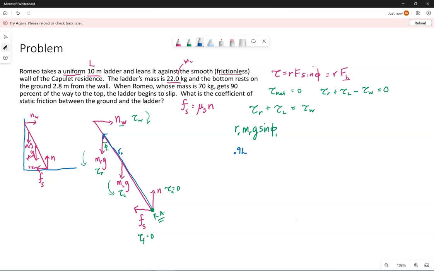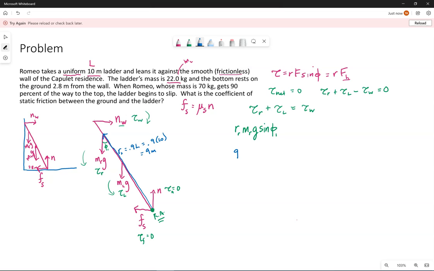So that's 0.9 times the length of the ladder. The ladder's 10 meters. So 9 meters is how far up when the ladder just barely starts to slip, so just the point after our maximum friction.